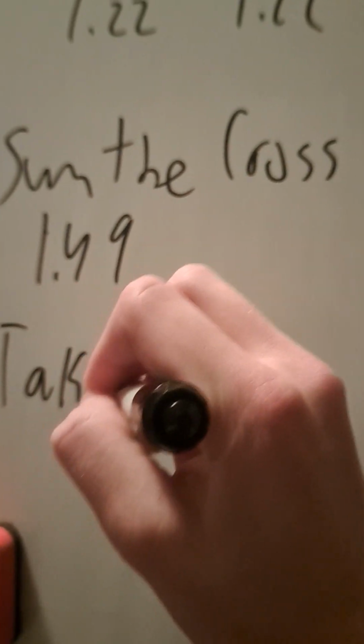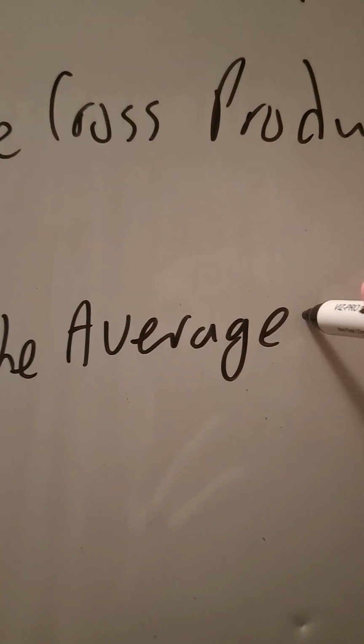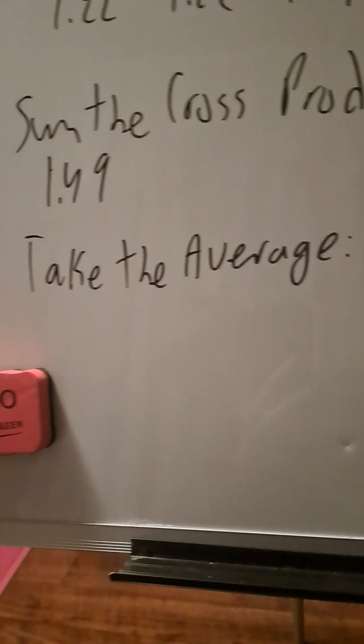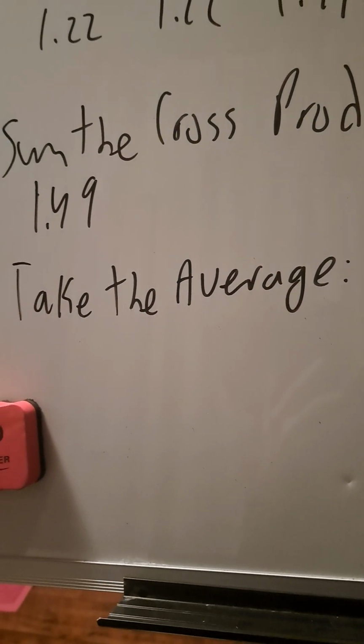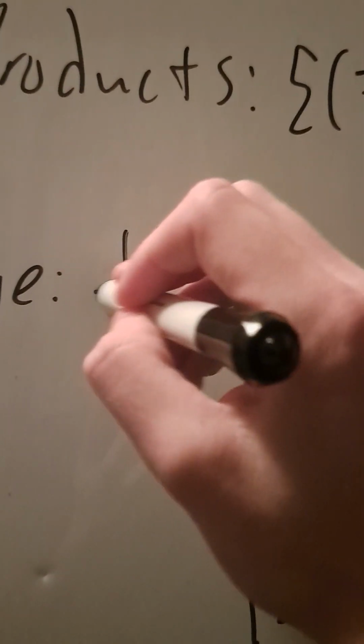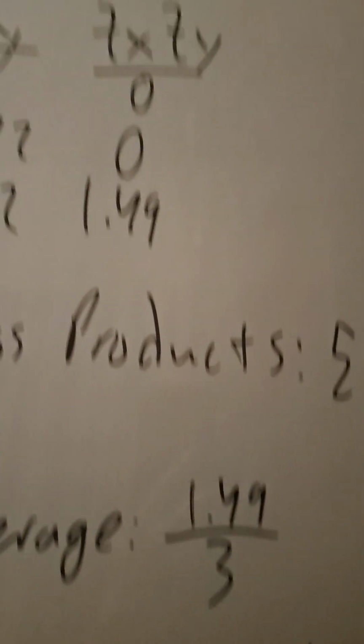And now, our last step of this whole process to find r is we just want to take the average. All we're going to do is take the 1.49 that we calculated, and put it over the total amount of scores that we have.